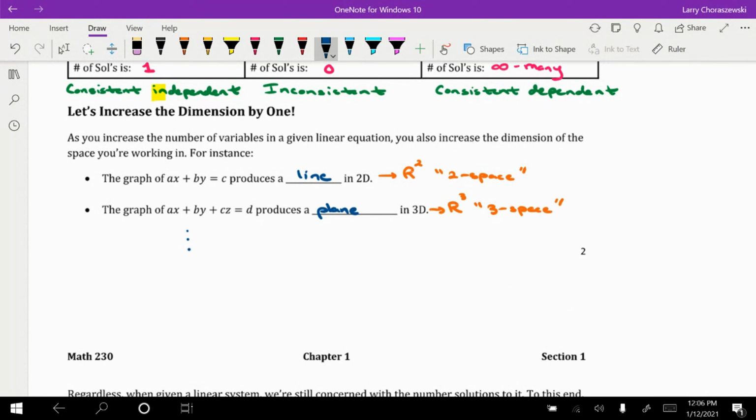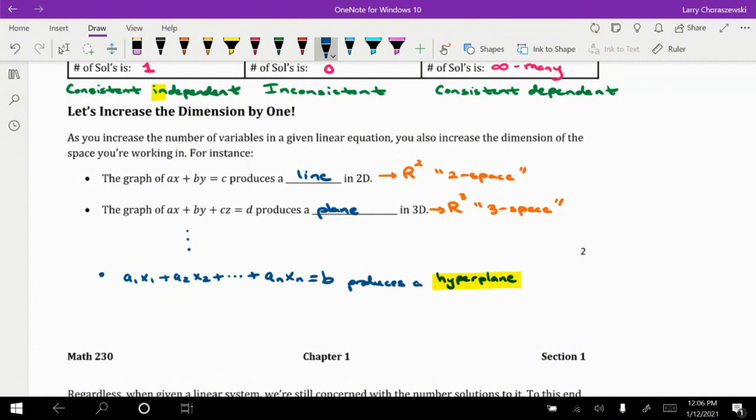In the most generic sense, we could have an equation with n variables, right? So I'm going to write our linear equation in n variables. An equation such as this produces what's called a hyperplane.